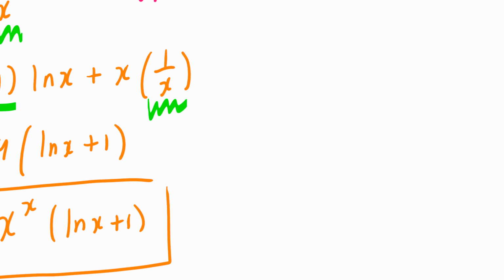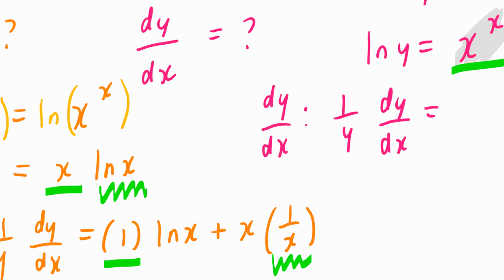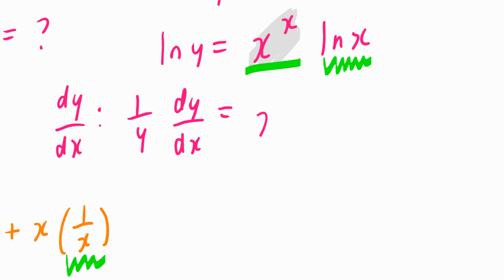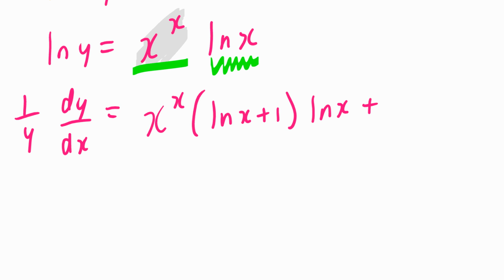We wrote down that the derivative is x to the power of x times ln x plus 1. So we're going to copy this right here: x to the power of x times ln x plus 1, times ln x, plus, copy the first part, x to the power of x times the derivative of ln x, which is 1 over x.